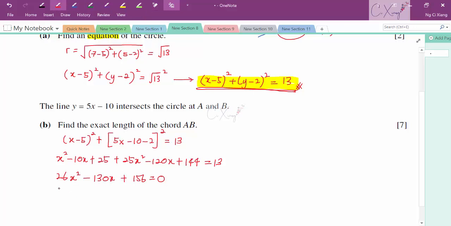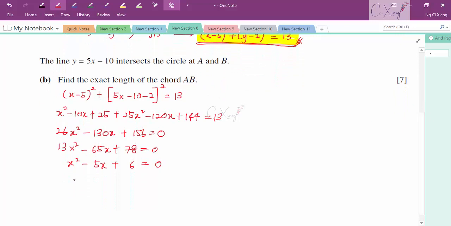And further simplify it. All right, so okay, I think I can still simplify again. Okay, so when I simplify until this part, I think it's quite easy for us to factorize it. So I'm having x minus 3 and also x minus 2 equals 0, and therefore my x equals 3 and also x equals 2.